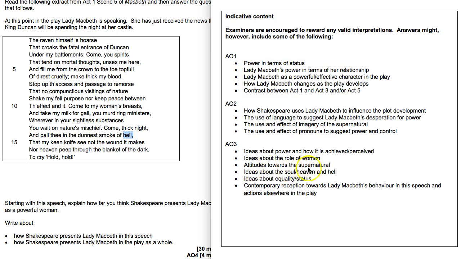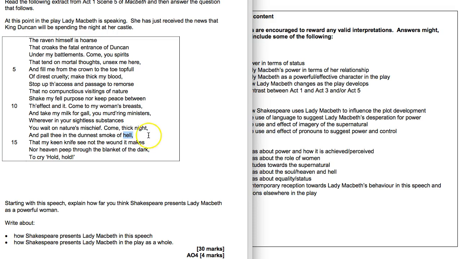The attitudes towards the supernatural. Well, I haven't mentioned that here, but obviously I can. So we can look at Lady Macbeth's prayer, if you like, to the supernatural powers. "You murdering ministers, wherever in your sightless substances you wait on nature's mischief."